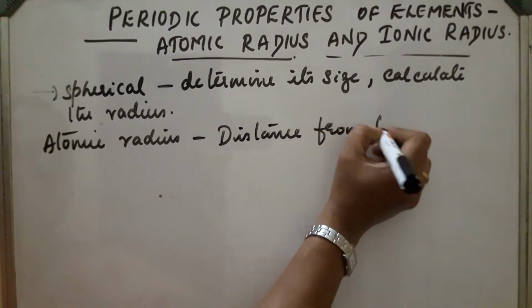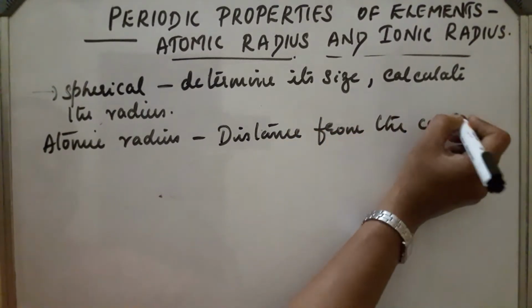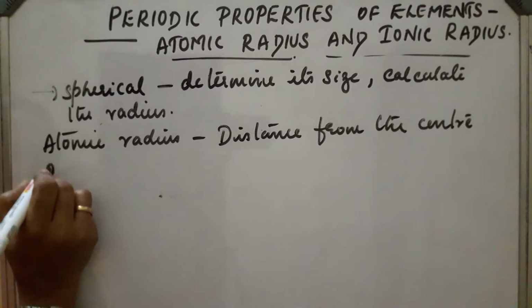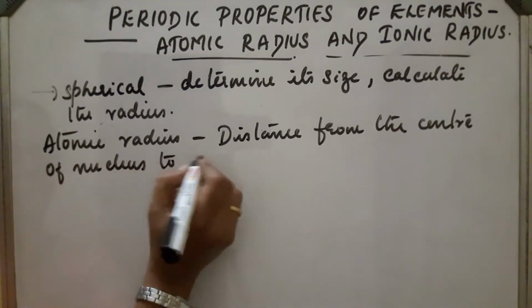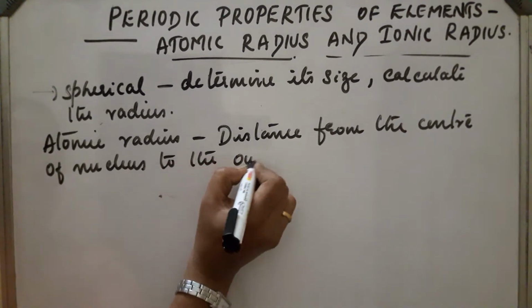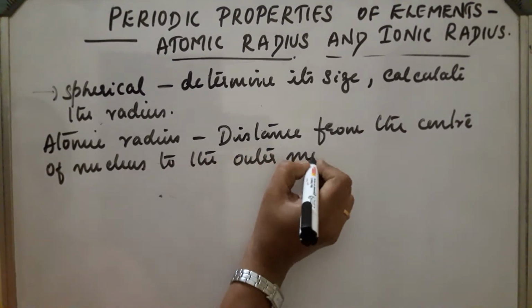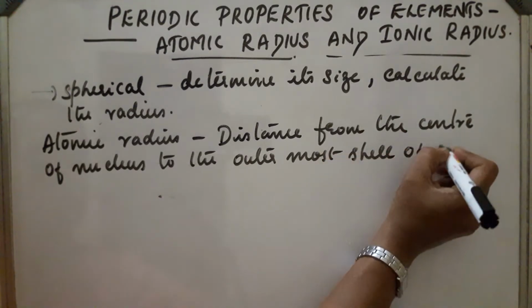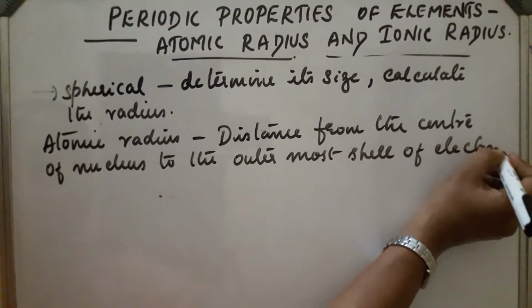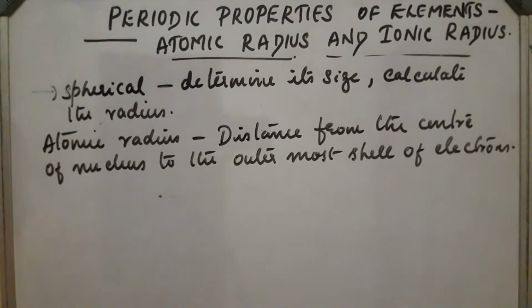This distance is called the atomic radius. So if we calculate the atomic radius, we can determine the size of an atom.